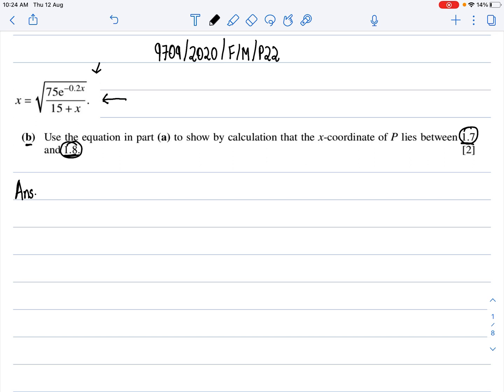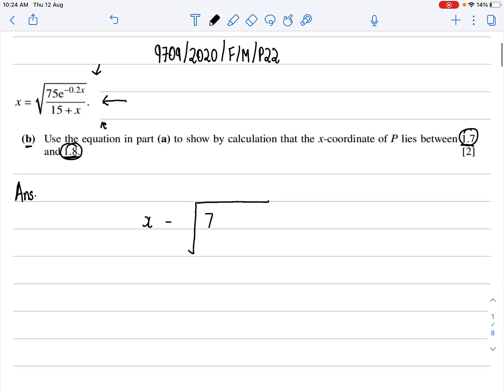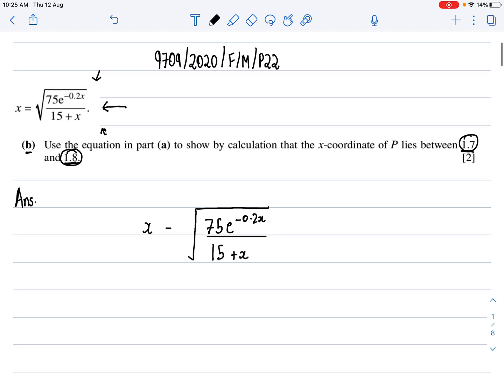So the first step is, the equation which they give you, get everything on one side. Let's say get everything to the left hand side. So you can write this as x minus the root of 75 into e raised to minus 0.2x divided by 15 plus x, which is equal to 0, but you don't need to write it. Correct?